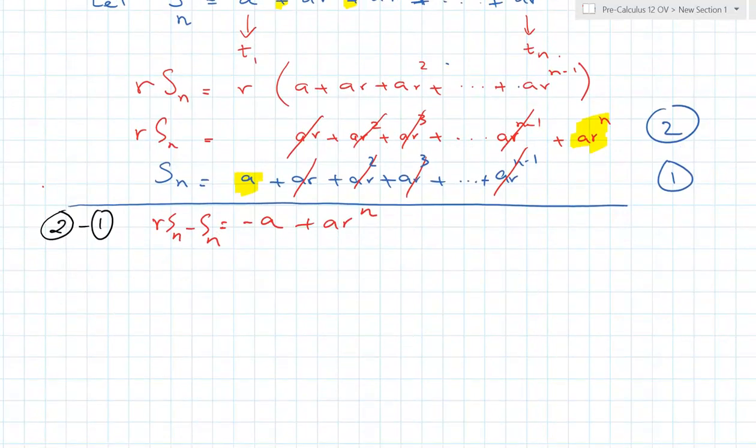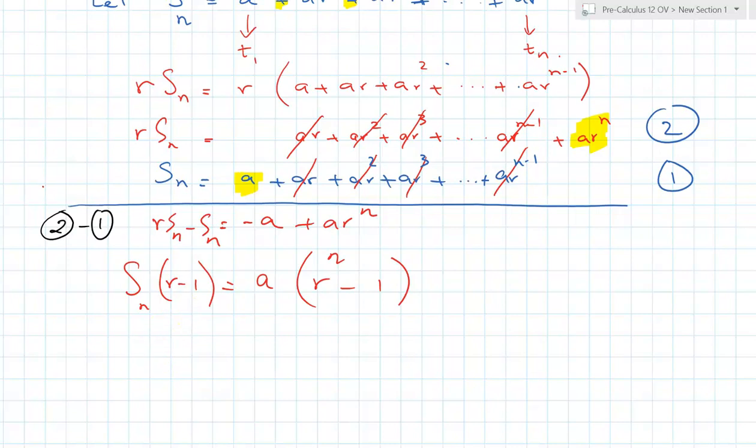Let's factor Sn out from the left-hand side of the equation, we get r minus 1, and on the right-hand side we're going to factor a out. You can rewrite it any way you want, but it is easier to write the positive leading coefficient first in the bracket. Excellent.